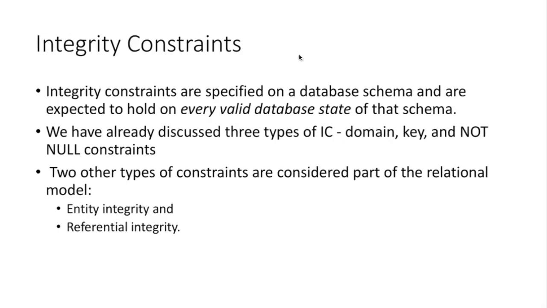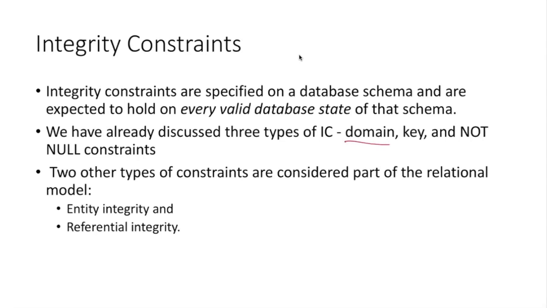We have already discussed the domain constraint, which says that for a tuple, the value that a column can take has to be an atomic value from the domain of that column.